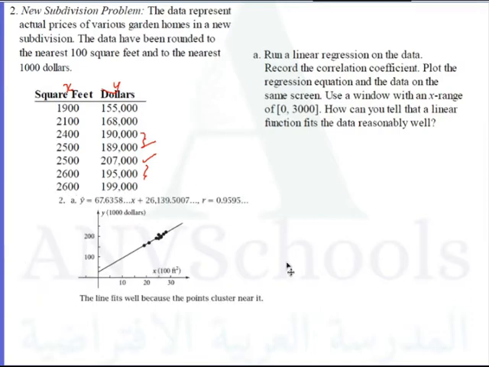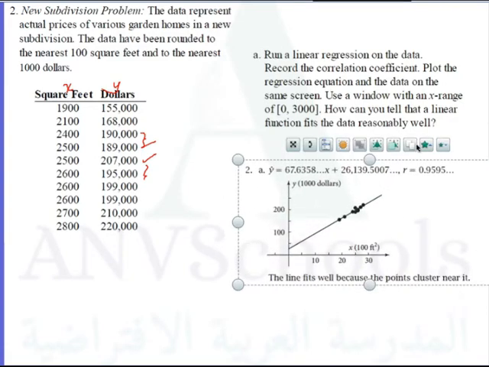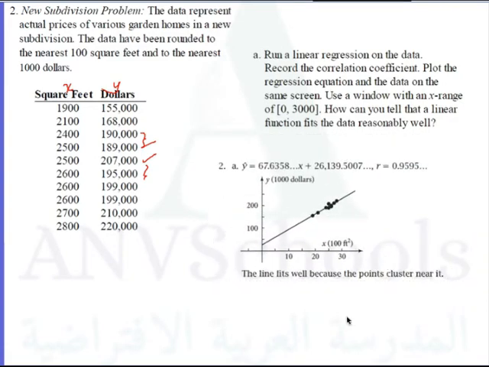So this is the answer for letter A, and you could get this by running a linear regression on your grapher. The solved regression line is y hat equals 67.6358x plus 26,139.5007.